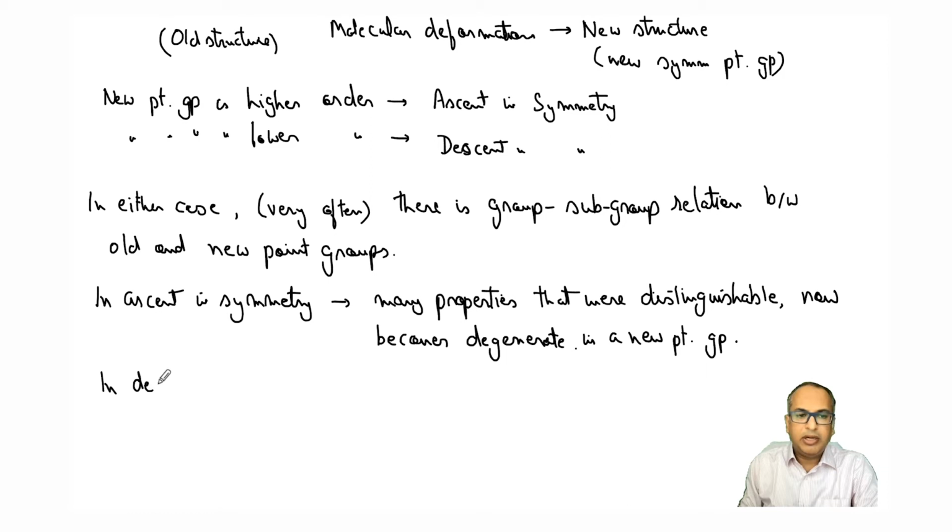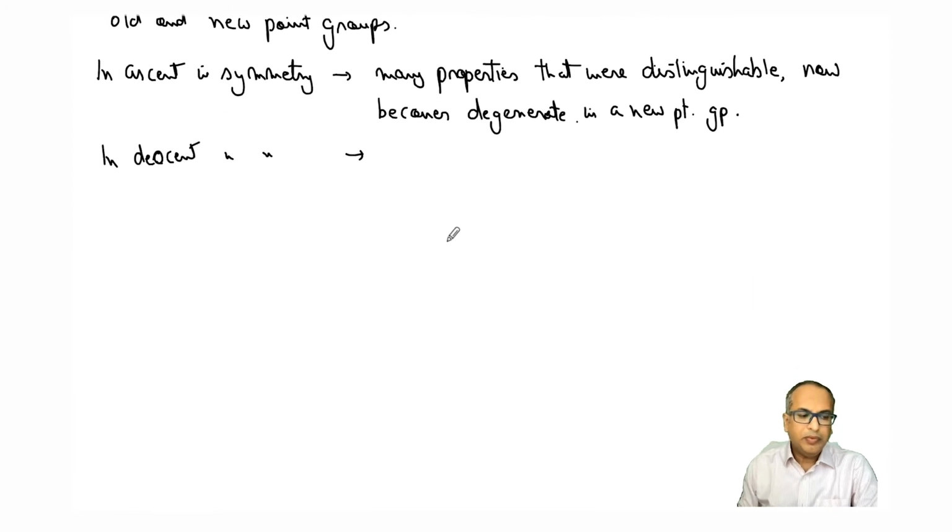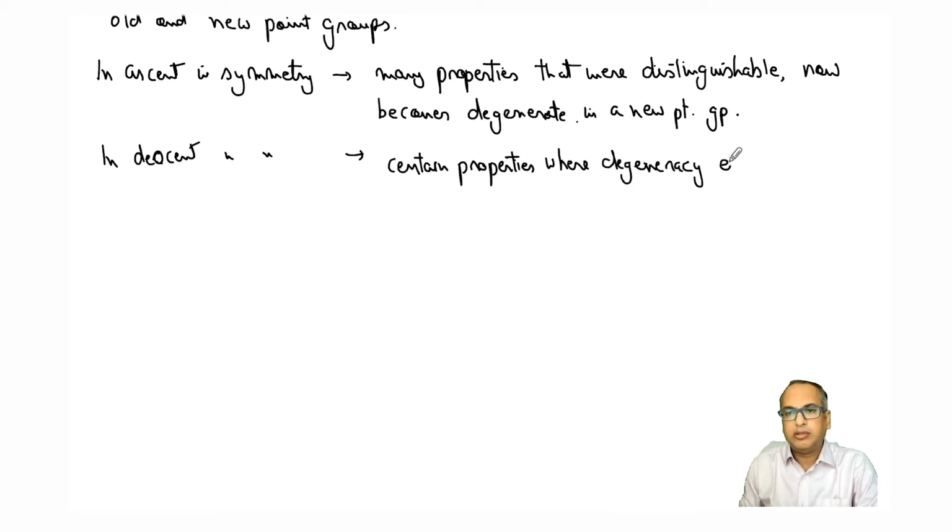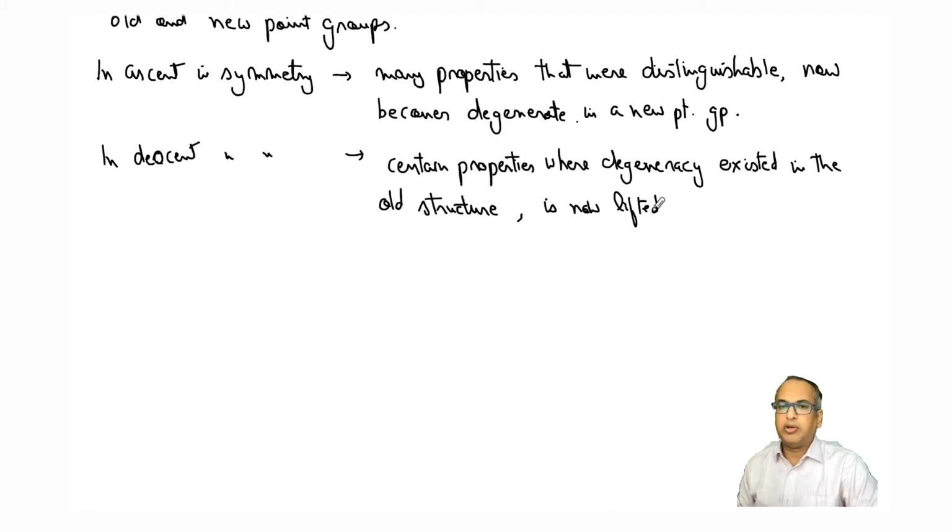We will see how that happens. And in descent in symmetry, certain properties where degeneracy actually existed in the old structure, that degeneracy is now lifted, meaning that they are now acting independently in the new structure.